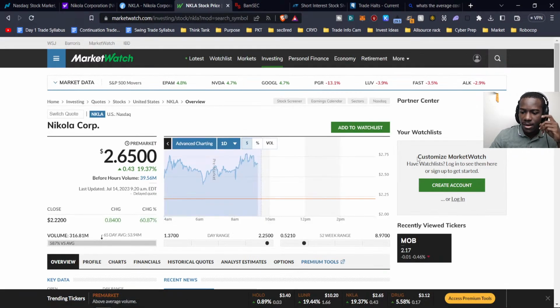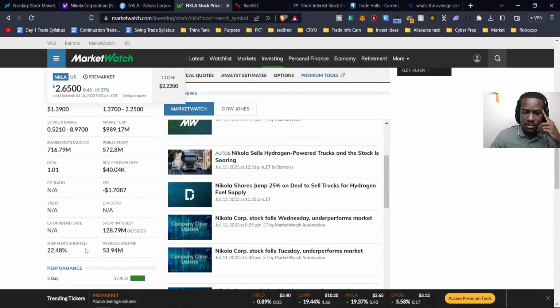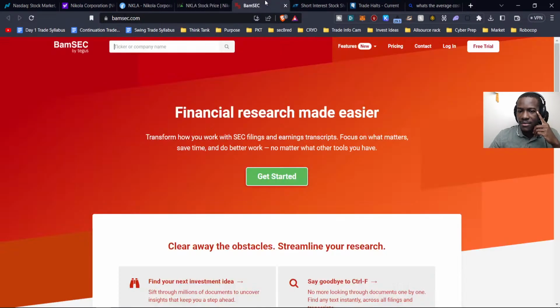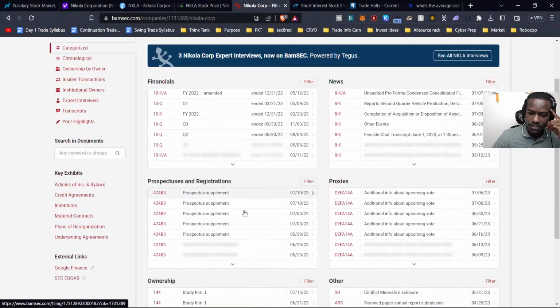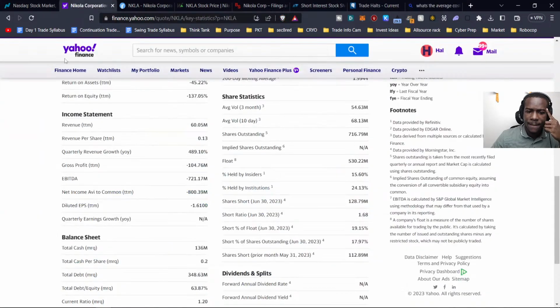But it's drawing in all of the volume from pre-market. Shares outstanding, public float 500, man. Let's see if they have any shelf registrations. No shelf registrations, but that float's going to keep me away from that one.